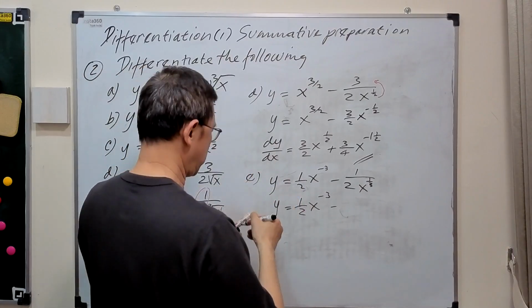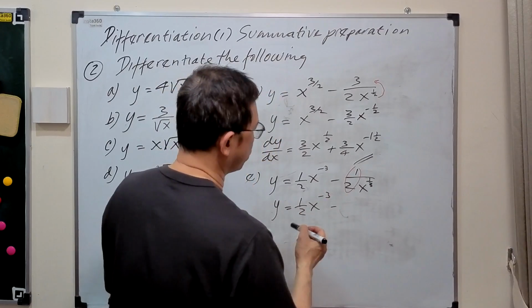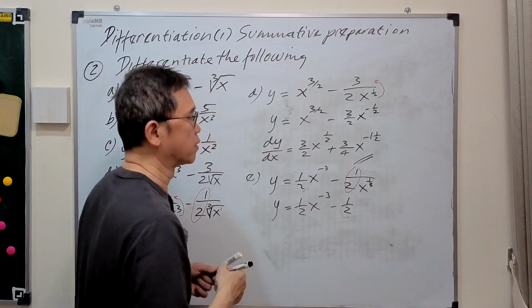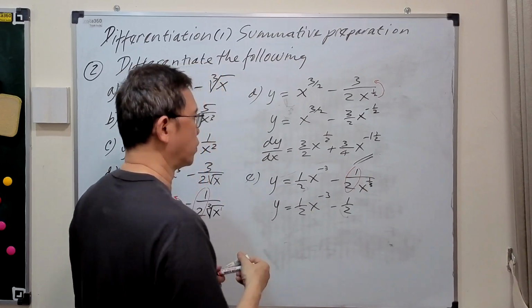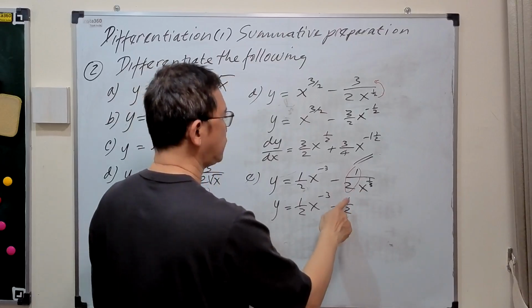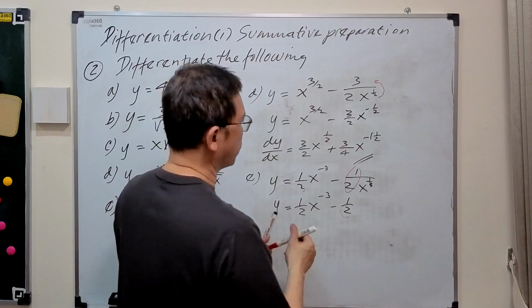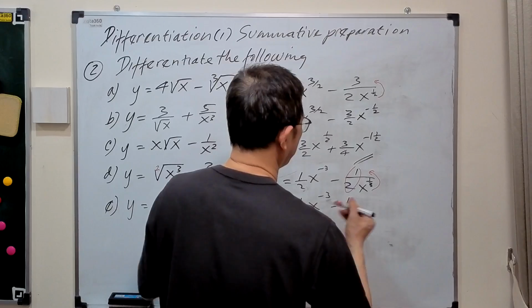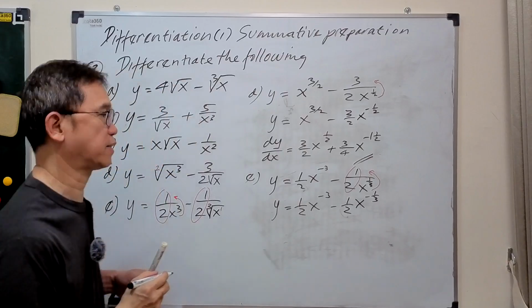This is still a fraction of half, so we just write down half. Don't move 2 to the top. Many students make the mistake of moving it to the top. And then the x to the power of 1 over 3, we can move this to the top. Then this will be x to the power of negative 1 over 3.